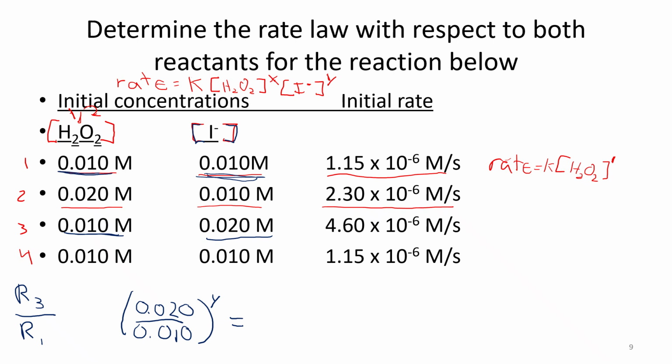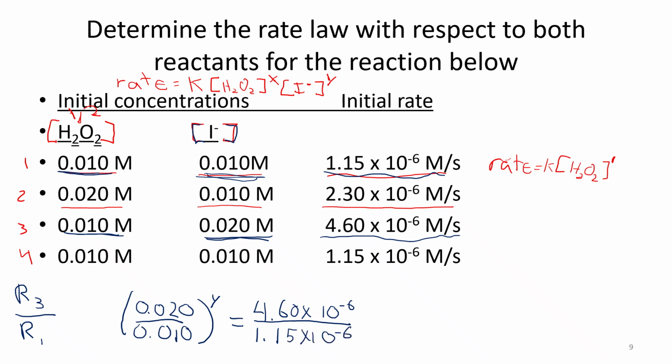Now I also want to consider the rate of reaction between experiment 1 and experiment 3. So I'm going to take my rate of reaction with experiment 3, and then I'm going to divide that by my rate at experiment 1 right here.